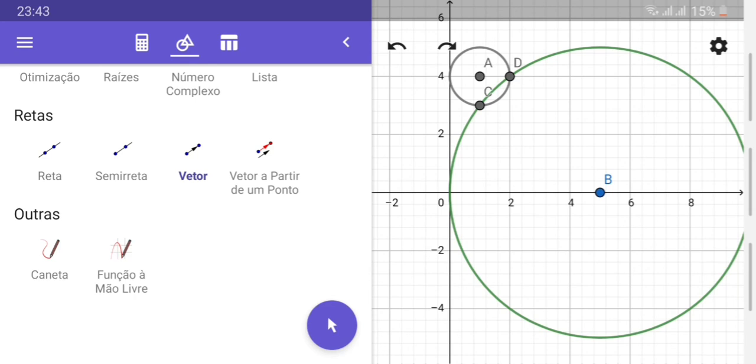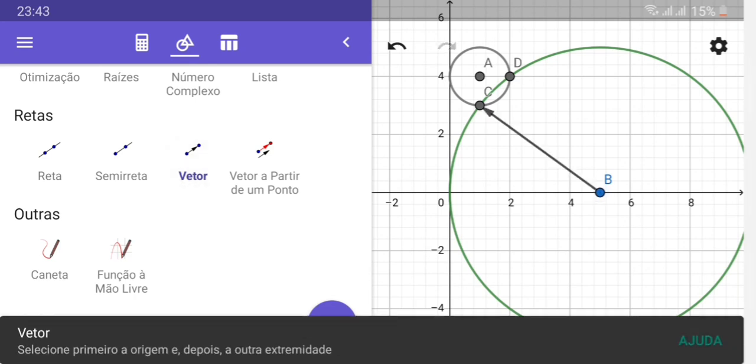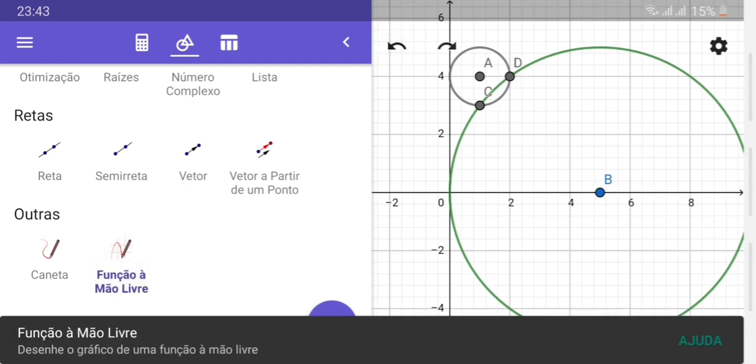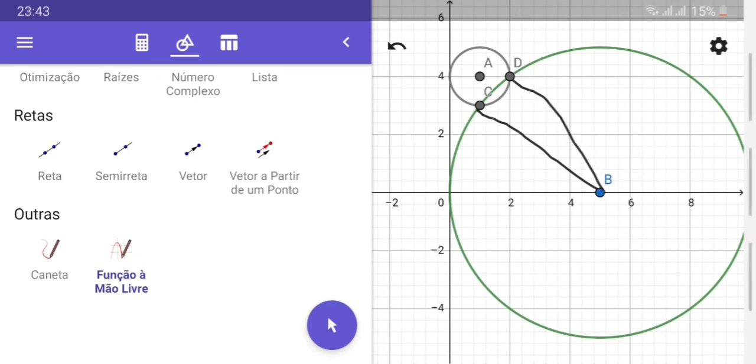So if you do B and C and B and D, it is the same two points that we are looking for. They are the same two points, over here and over here, but the only difference is the radius, and here and here.